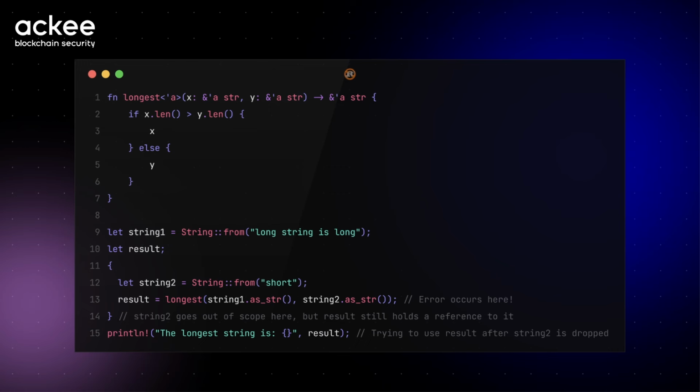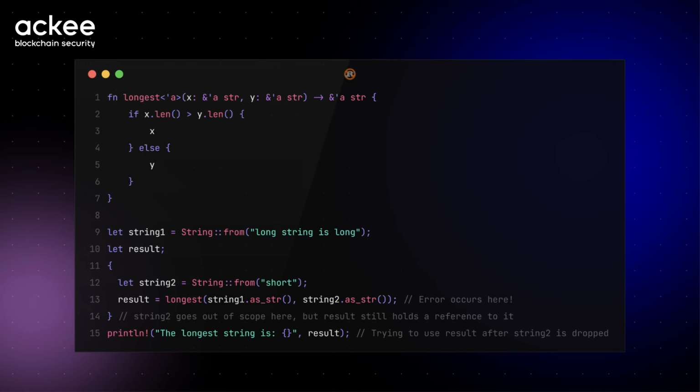You can see in the code snippet that we again have a defined function, in this case with the name longest. Then we have the lifetime 'a, and then we have two parameters, sorry, not variables, but parameters, x and y. In this case, x is a str reference with the lifetime 'a, and the same goes for y.